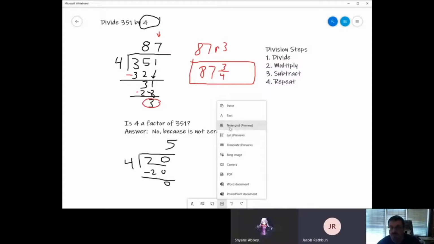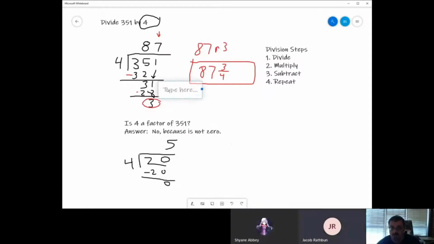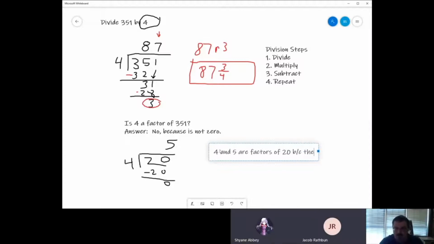So, in fact, 4 and 5 are factors of 20. The remainder is 0.